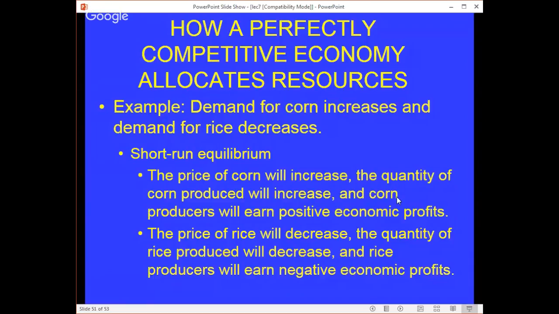Price will decrease from P to P prime, and Q will decrease from Q to Q prime.